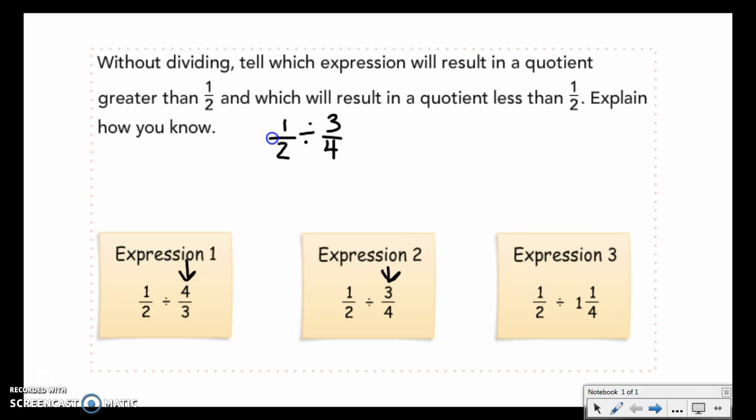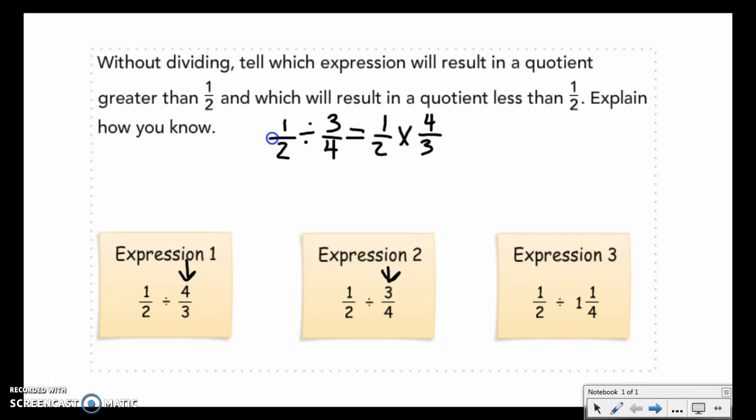So if you were to turn this into a multiplication problem, you have 1/2 times 4/3. And when you are cross reducing, make sure you do that after you make the reciprocal. This kind of gives you the wrong answer if you reduce before you find the reciprocal. So let's see what we end up with.